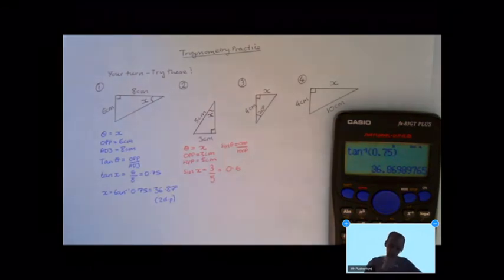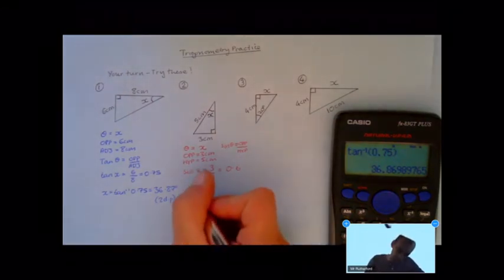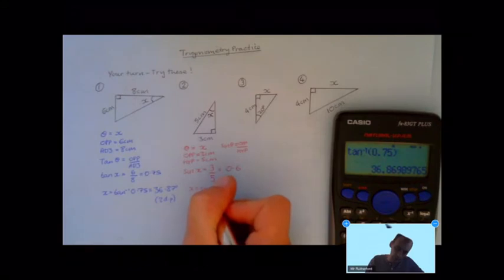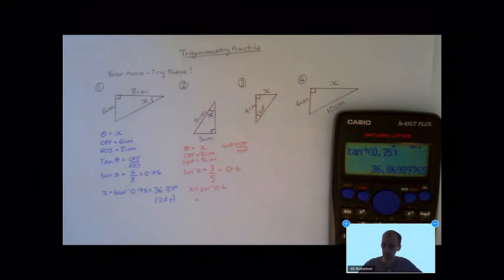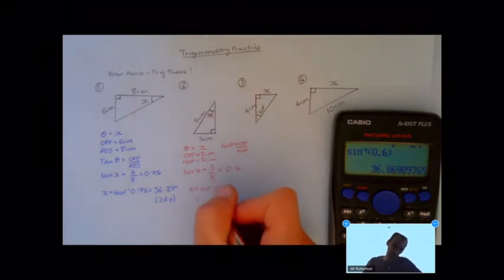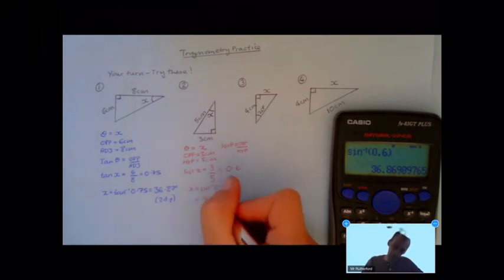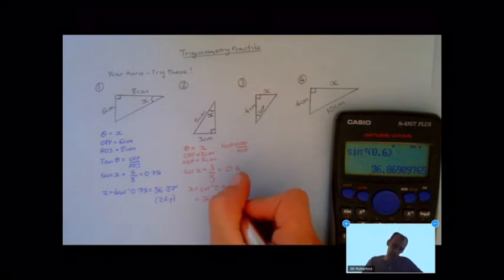So we're working backwards to find the angle. So we end up with x is equal to sin to the minus 1 of 0.6. So shift sin 0.6, and again 36.87 degrees, and that's to 2 decimal places.